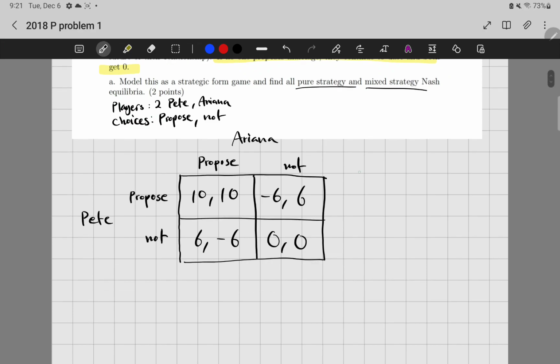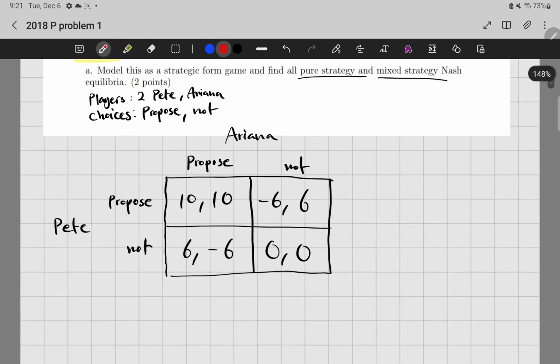For the pure strategy Nash equilibria, we can use the underline method. We look at the payoffs of Pete when Ariana proposes and compare the payoffs and underline the highest payoff. For this instance, where Ariana proposes, Pete proposing will have a payoff of 10, and Pete not proposing will have a payoff of 6. So because 10 is greater than 6, we'll underline 10.